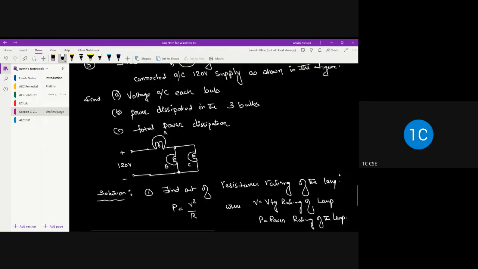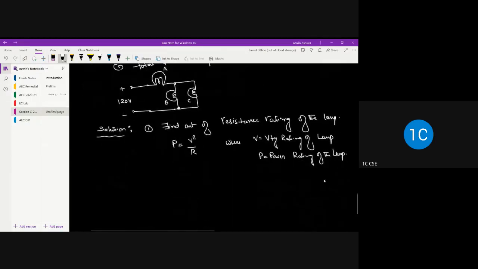So you can find out, let's say, RA, the resistance of lamp A. RA is equal to V square by P, which is equal to 120 square divided by 60.